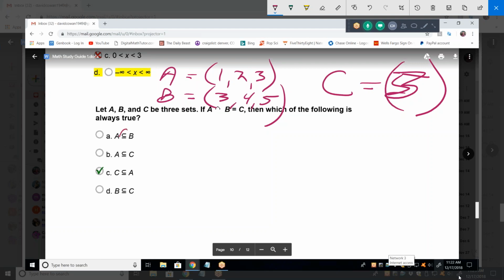Not sure what that sign means. Do you know? No idea. I would assume that it means all the items in A are in B. And the reason that would be correct is because all of the items in C are in B. They're also in A. So I could also write that C also happens to be in B. All of the items in C are also in B. So both of these would be correct.